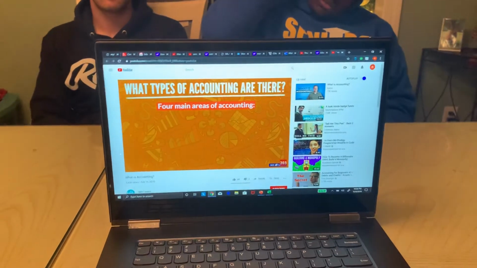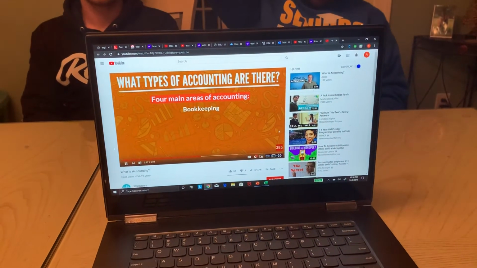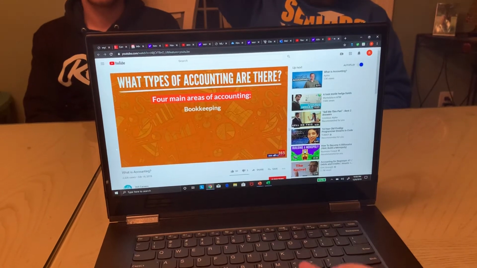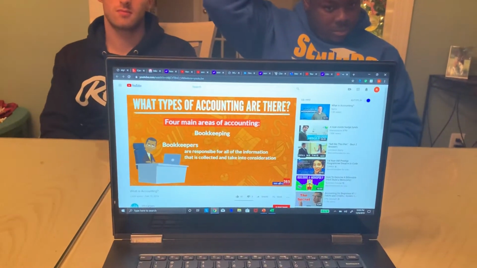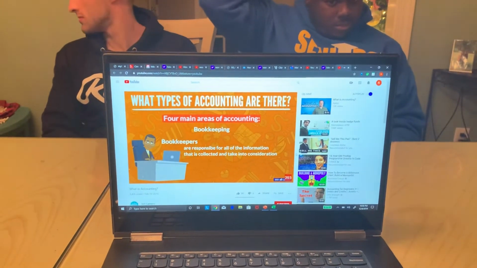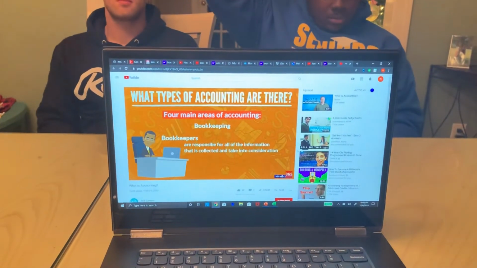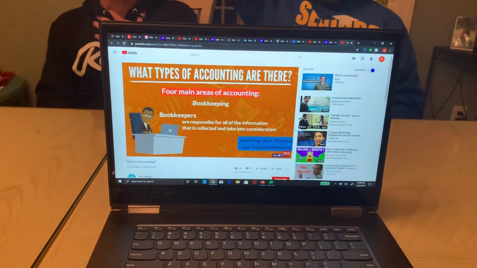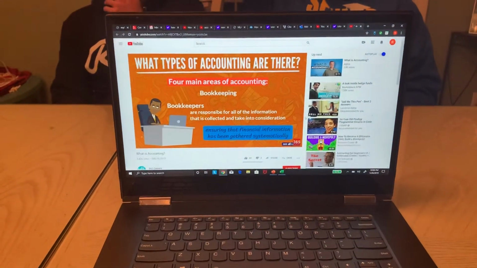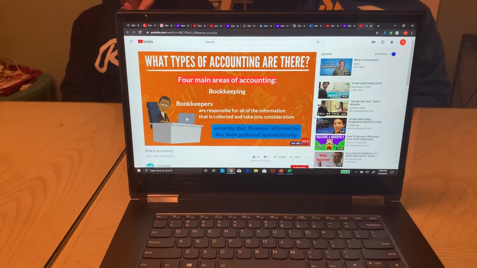First of all, we have bookkeeping. Without bookkeeping, we wouldn't be able to do anything, because bookkeepers are responsible for all of the information that is collected and taken into consideration. Bookkeeping is a fundamental activity, as it ensures that financial information has been gathered systematically.